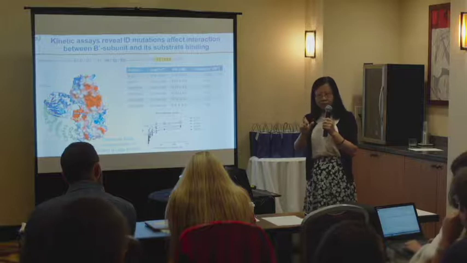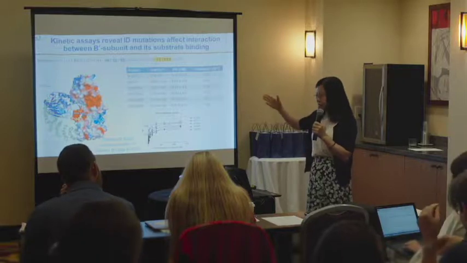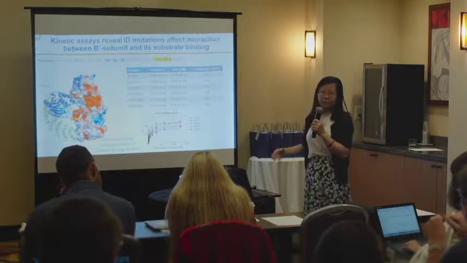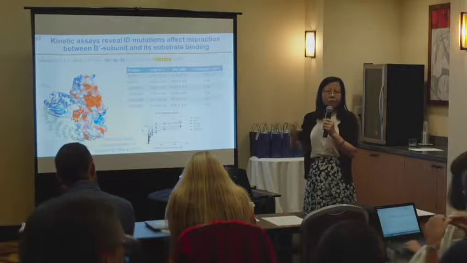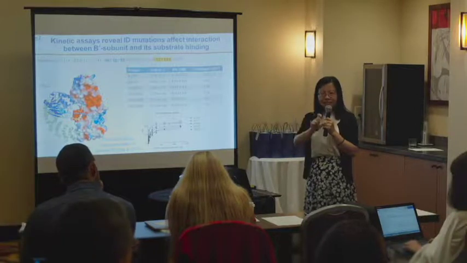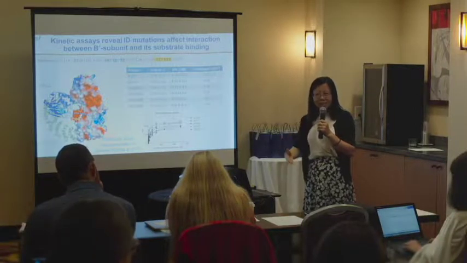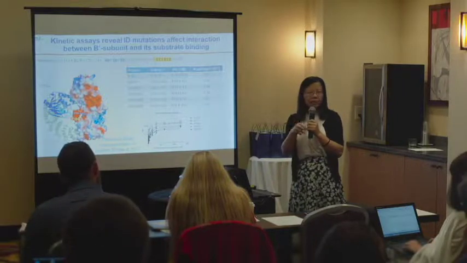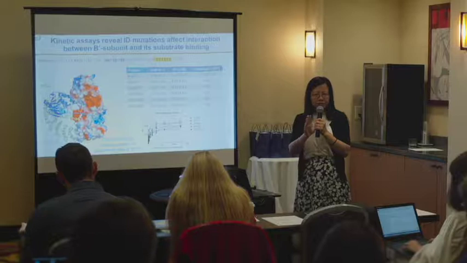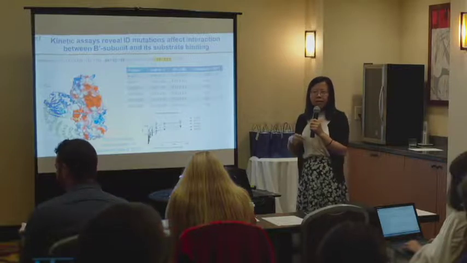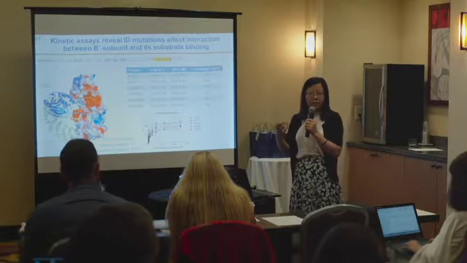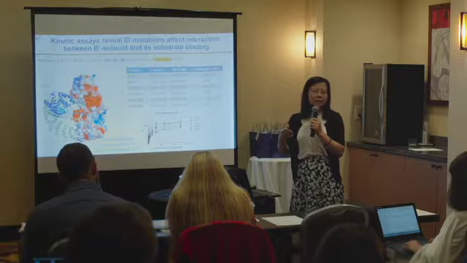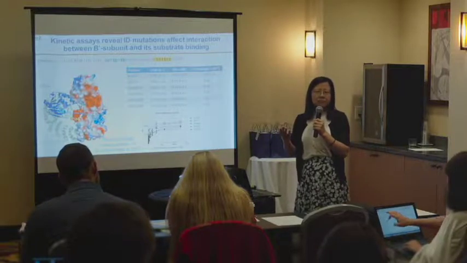For all the constructs we made, we're trying to generate as many biochemical assays as possible. We've tried to validate all the constructs using all the assays. The goal is that the truncations have to be comparable to wild type full length. We don't create anything like an ID mutant behavior.